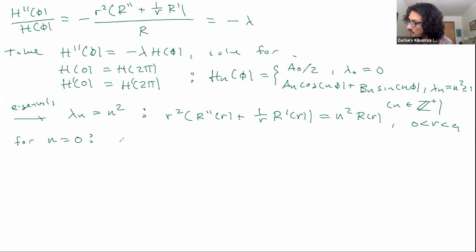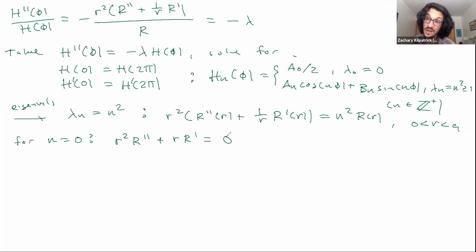Well, in that case, we have r squared R double prime plus r R prime is equal to 0. One solution to this problem is just a constant. Another solution that you can get by integrating up and then using separation of variables is natural log.